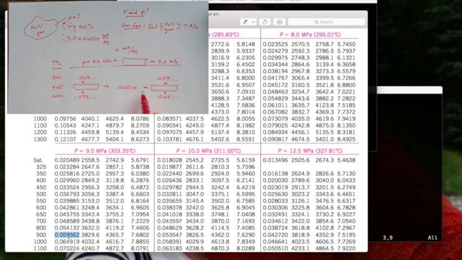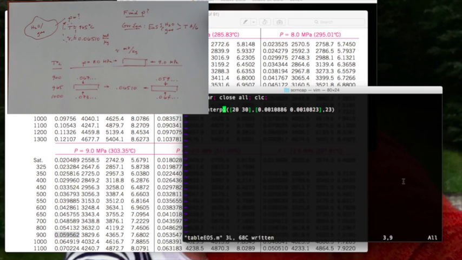So let's go ahead and use MATLAB to compute those values. We'll use our same file that we've already started a second ago. Let's first find the specific volume at 8 megapascals for our given value of 965 degrees centigrade. In that case, we're going to use interp1, and our x value is the temperature, and our y value would be the volume.